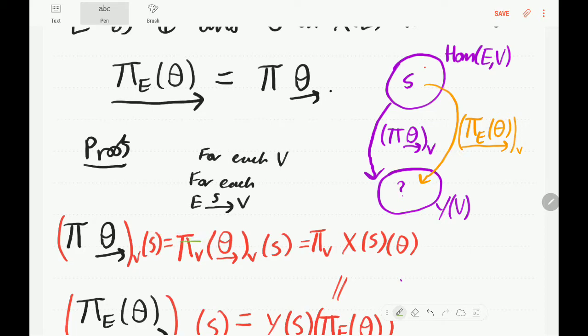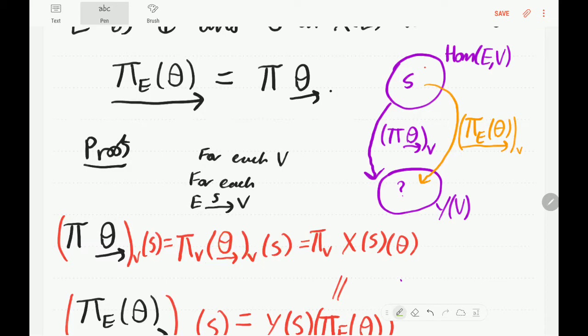Okay, so what is this? Well, this is just a composition of natural transformations, and we're looking at the V component of it, so we can rewrite this as pi subscript V after theta under arrow subscript V applied to S. And then for this bit on the right, we can just look back at our definition of theta under arrow, and we notice that we can rewrite that.